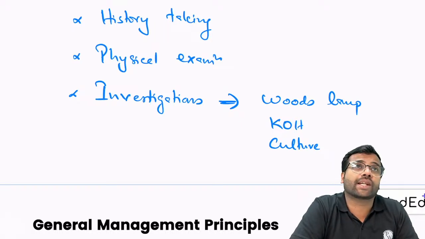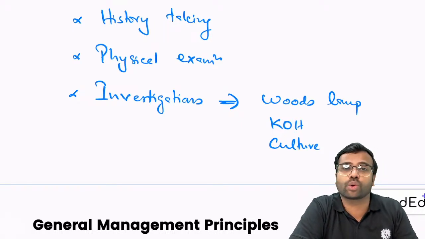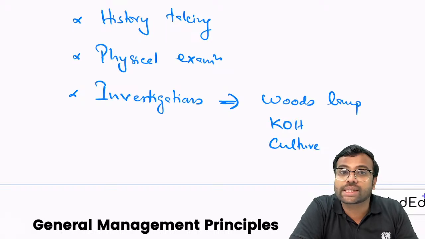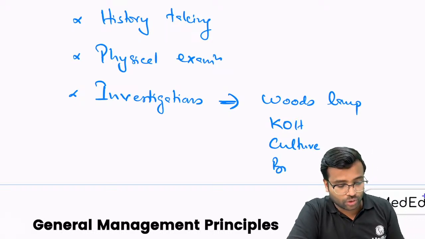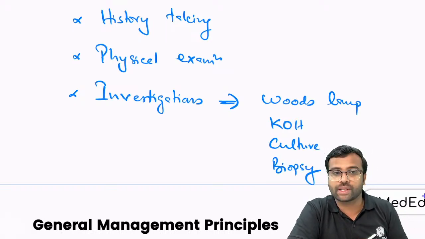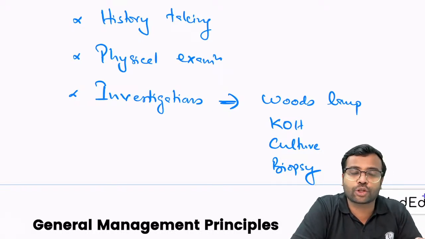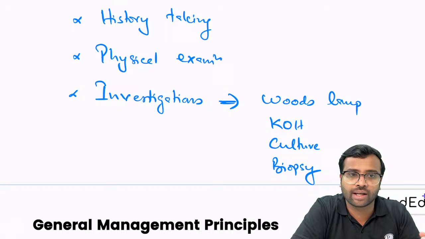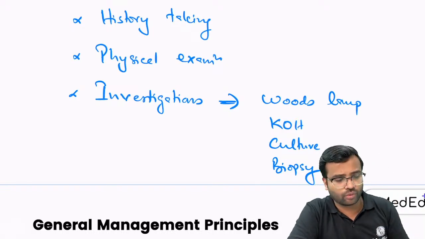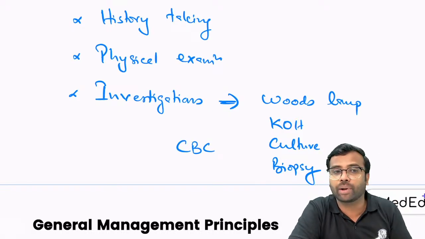And in some cases, let us say you are having a patient of scalp psoriasis, you would like to do a biopsy as well. So you can also go for a skin biopsy. So all these are the various investigations that you can actually do whenever you are investigating. And obviously not just that, you will also would like to go for a complete blood count.